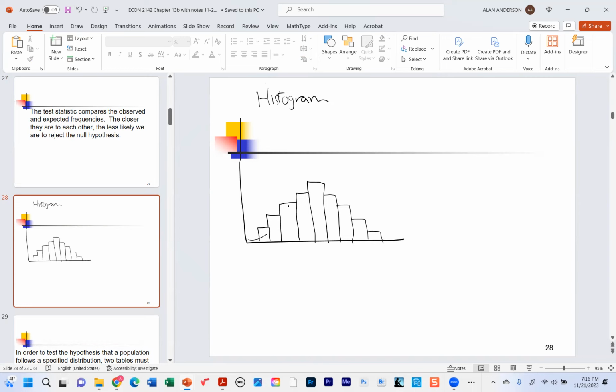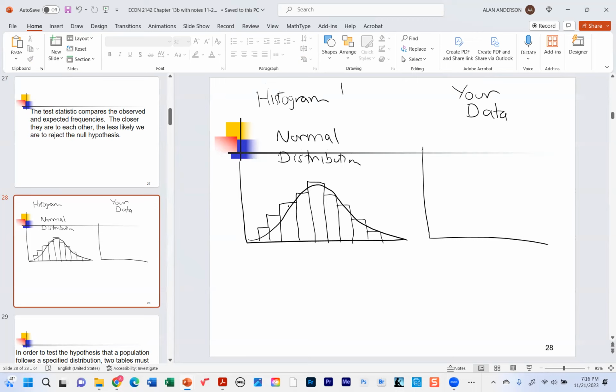This is the normal. You can see it looks just like the normal curve. So imagine that instead, here's your data. And remember, the null hypothesis is that the data are normal. What if your data looks like this? All right, so now I'm drawing it very badly. Let me try that again.